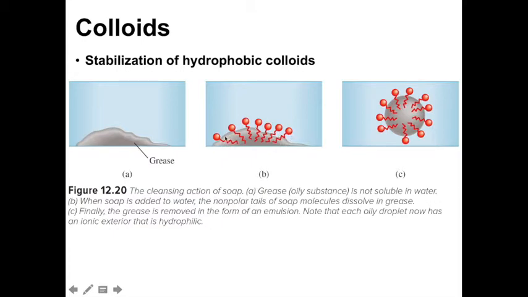And then, of course, the hydrophilic heads will stick out from the grease because they don't form favorable interactions with the grease. Now, if you put water, so you wash your hands with water, what happens is that the hydrophilic heads will interact with water, and that helps in removing the grease.